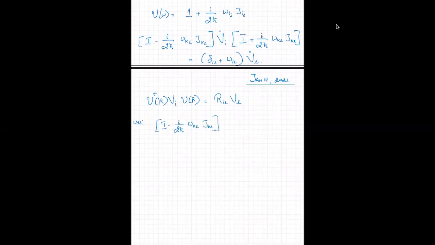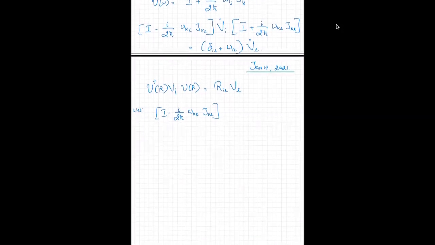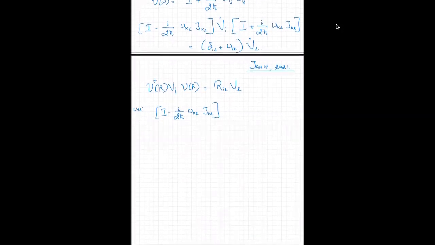The minus because I'm taking a dagger, and J_kl doesn't change sign because I expect the generators to be Hermitian matrices, because we want to understand symmetry operations. Then V_i, then I plus i over 2 h-bar omega_kl J_kl.